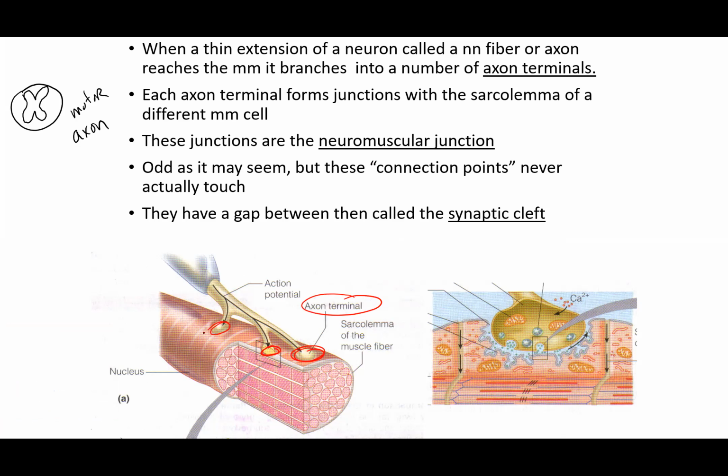So now let's look at the axon terminal up close. The axon terminal embeds itself into the muscle. So here you're seeing the muscle tissue.